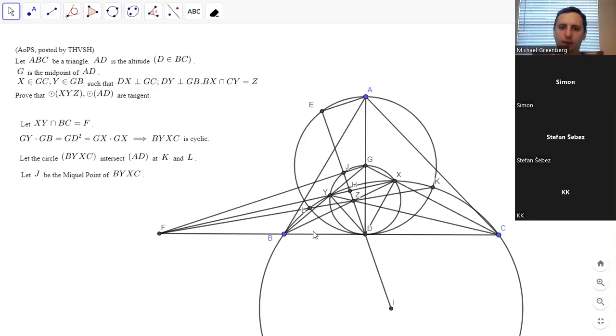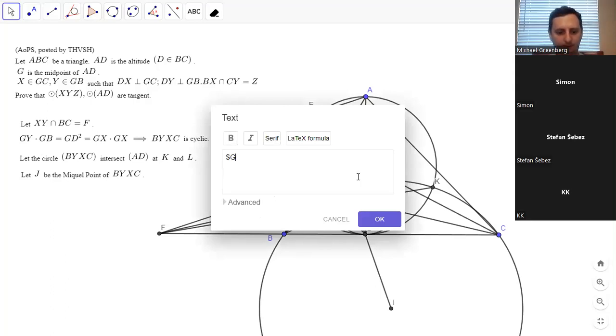Okay, and that would be GI squared minus the radius squared. So since GD squared equals GY times GB, that means that BYXC is orthogonal to the circle with diameter AB.